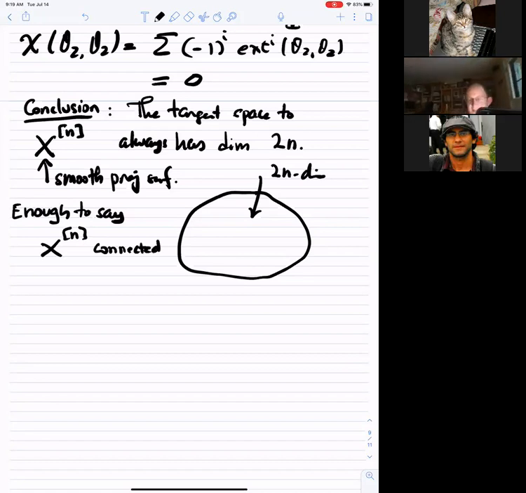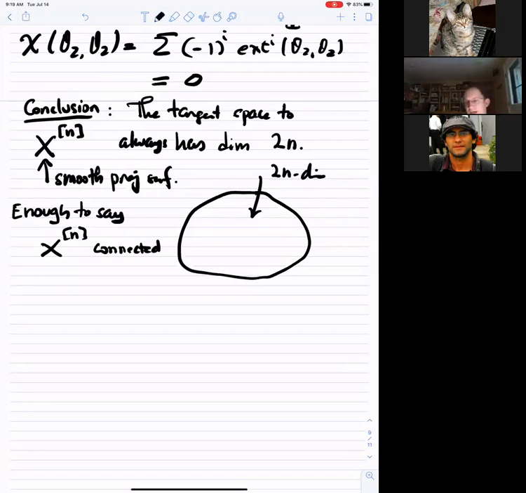Because if it's connected, then you have this component of dimension 2n, and because the Zariski tangent space has the correct dimension at each point, that component is smooth everywhere. If it's connected, then there can't be any other thing, right? Because if there was something else, then, since it's connected, it would have to intersect there, and the tangent space could not be 2n-dimensional because you're singular, okay? So that means that if it's connected, then that's it. You have just the closure of the configuration space and there are no other components.